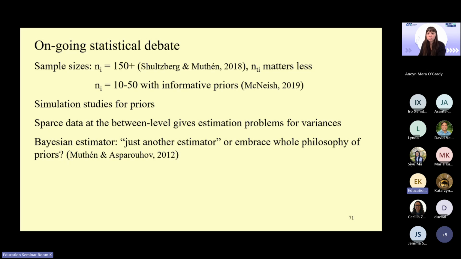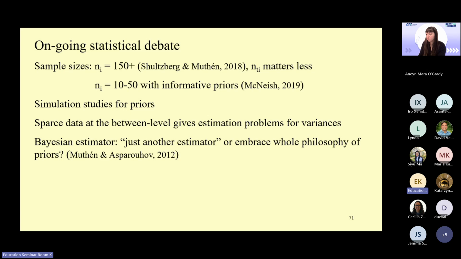Another debate is about whether or not to use a Bayesian estimator. This has been implemented in a software called Mplus. And you can just treat it as an estimator to get results, or you can embrace the whole philosophy of priors. Priors are educated guesses of what you think the result will be.